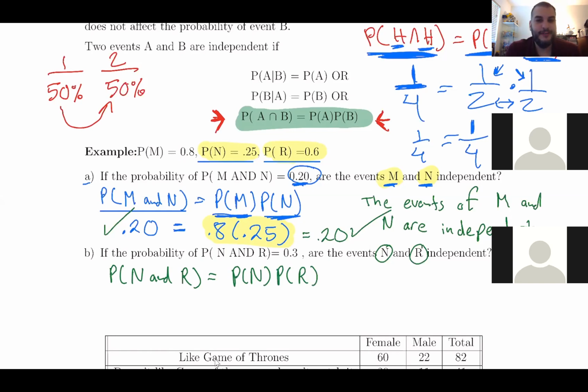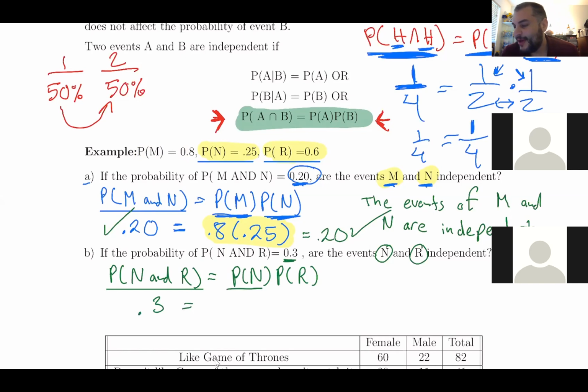Any questions so far on why I put the probability of n and r is equal to the probability of n multiplied by the probability of r? All right, great. The probability of n and r, they tell us it's equal to 0.3. So we're going to replace this with 0.3.